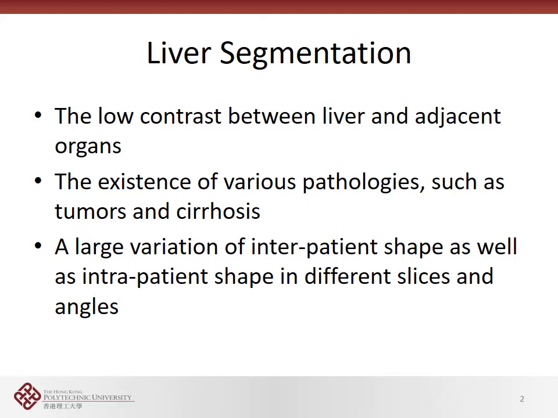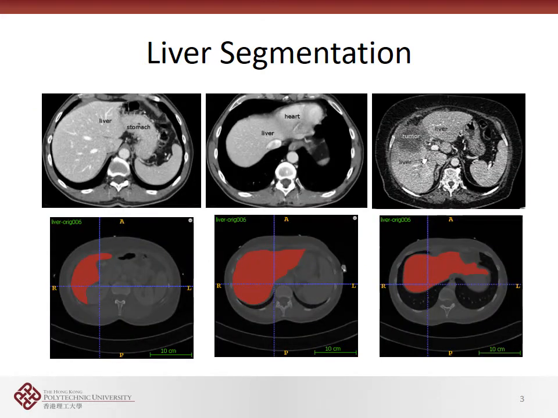In addition, there is a large variation of inter-patient shape as well as intra-patient shape in different slices and angles. So these figures show the challenges of this task, liver segmentation from 3D CT images.